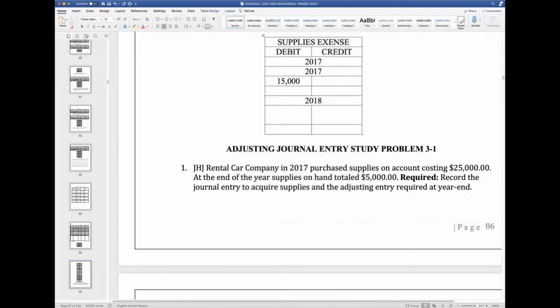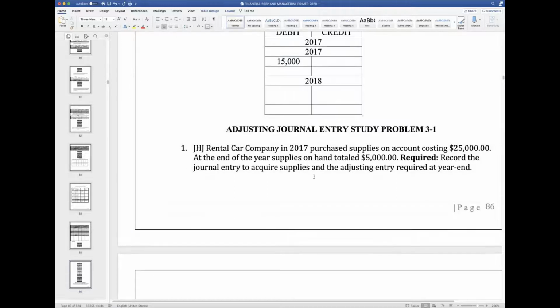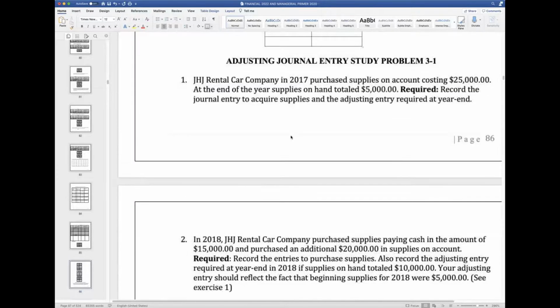Now, typically, these problems are companion problems, so 1 and 2 go together. We were in 2017, now we go to 2018. So in 2018, JHJ Car purchased supplies paying cash of 15,000 and purchase on account 20,000.